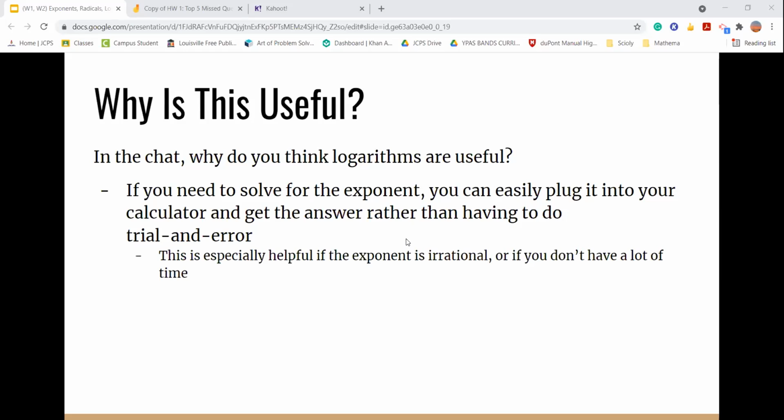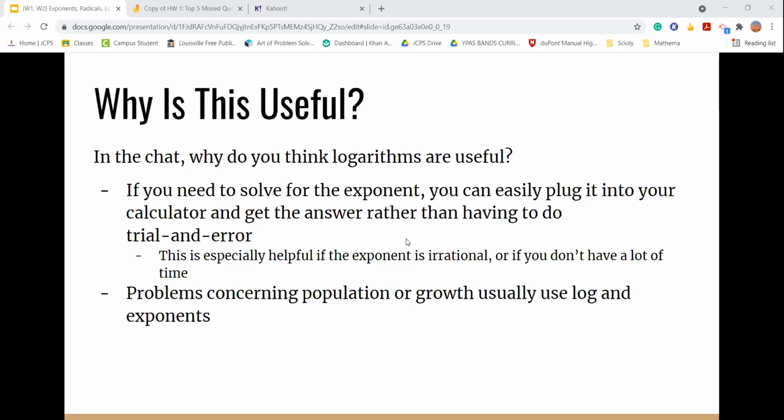That's basically asking 2.1 raised to the what power equals 105. And that equals 6.2727134. So it's a very weird number, and you wouldn't be able to get it if you didn't use logarithms. And also problems concerning population or growth usually use log and exponents.